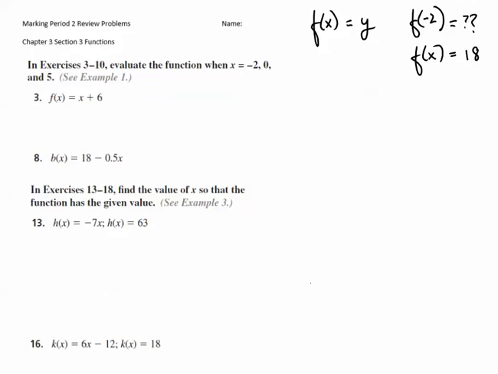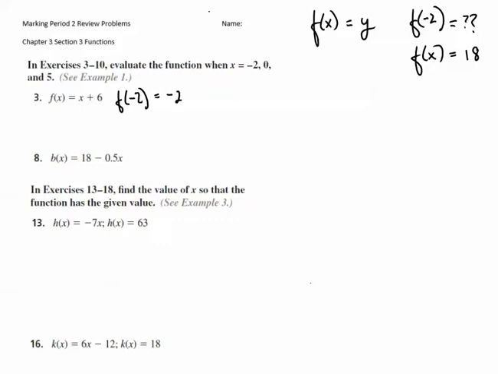All right, so the first question says evaluate the function when x is -2, 0, and 5. So what we want to find out is what is f of -2? Well, f of -2 just means where you see x in the function definition, replace it with -2.